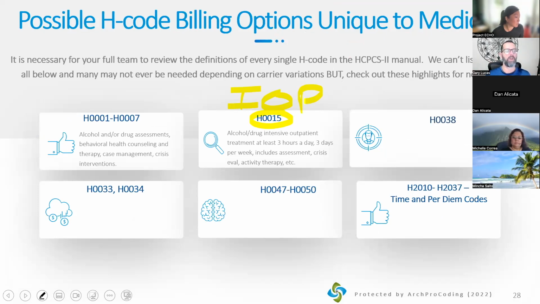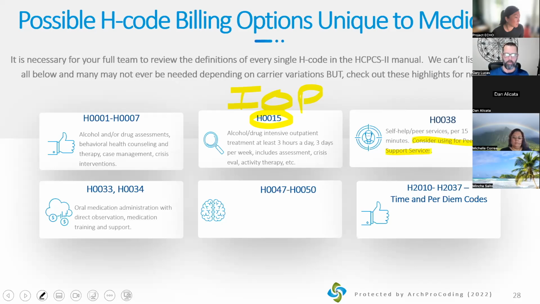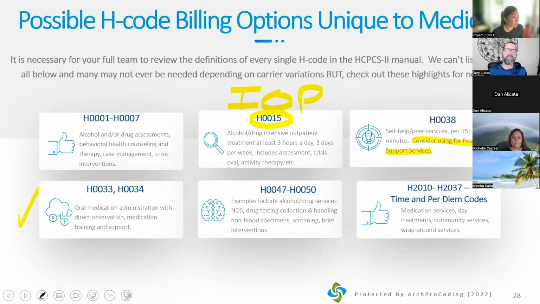Notice code H0015, that may be a more appropriate code, better reimbursing code, bottom line, for that intensive outpatient program. There's H0038 that I mentioned earlier, maybe using for peer support services, as well as observing the patient taking their medication, and some other time or per diem based codes.